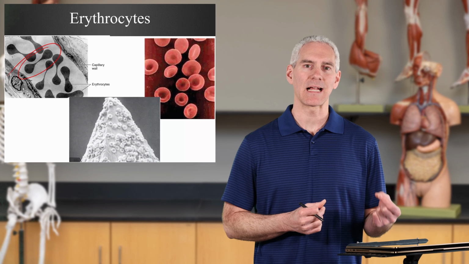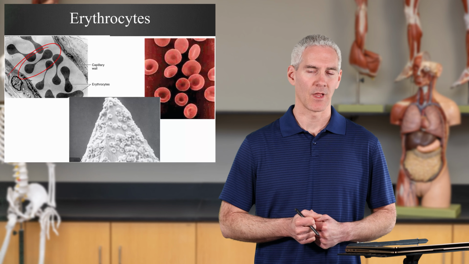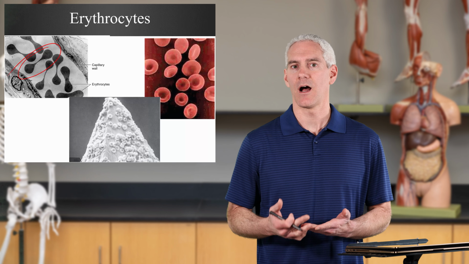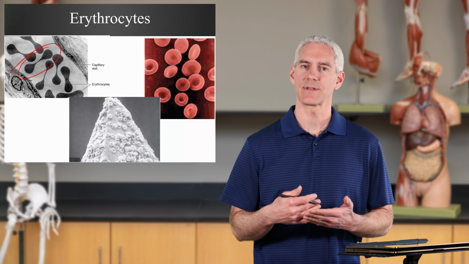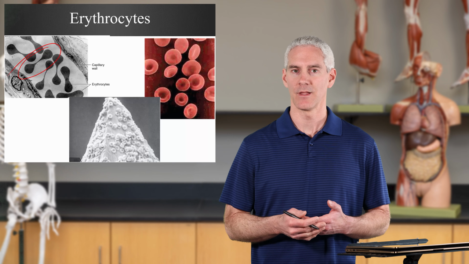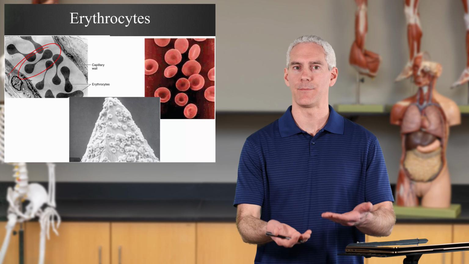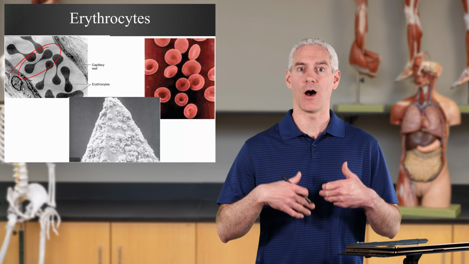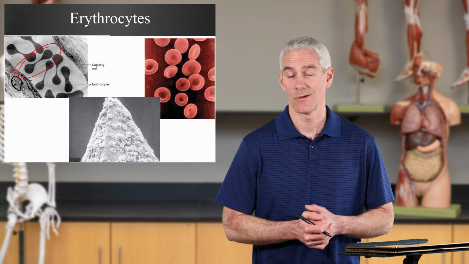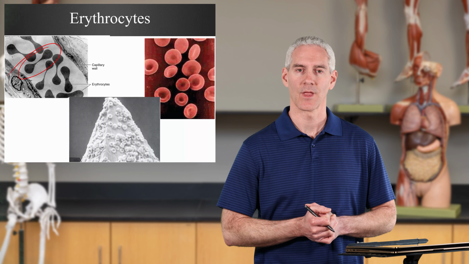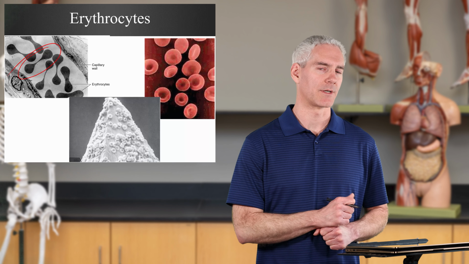That's there to maximize surface area. Maximizing surface area allows for maximal transport of gases, oxygen, on and off. So if we're absorbing oxygen, and then offloading it, or diffusing carbon dioxide for that matter.